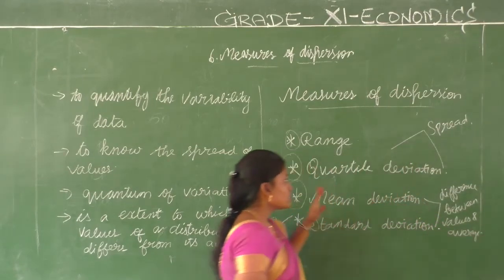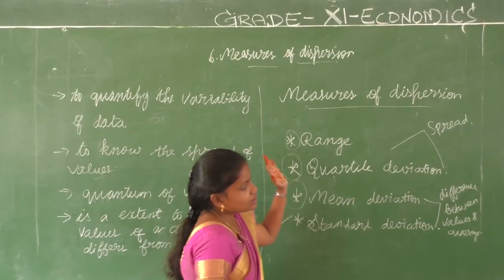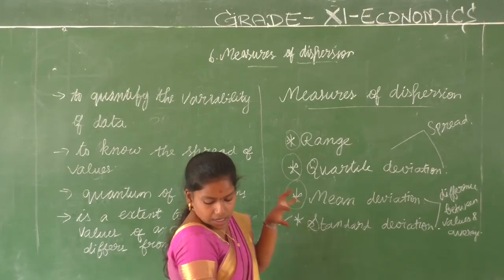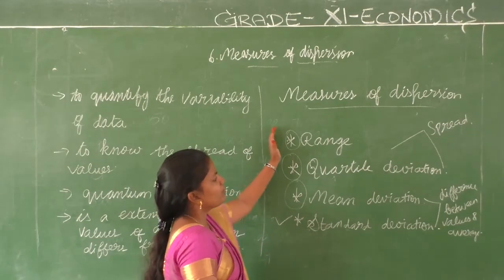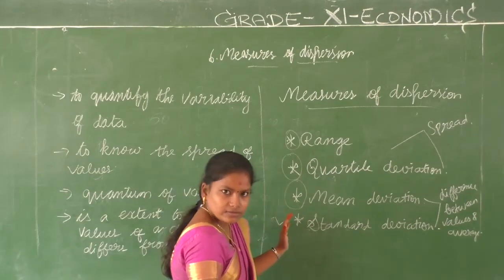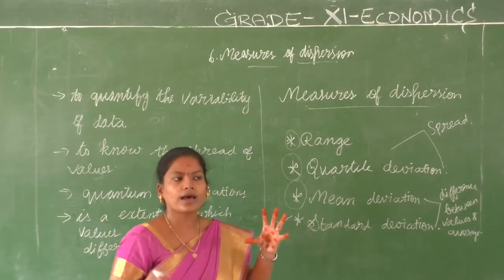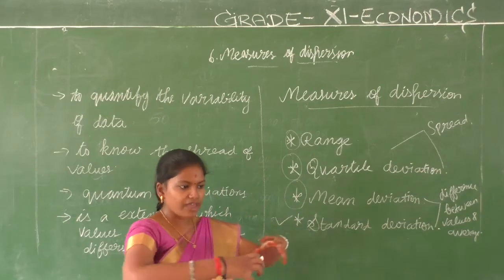Right children? So what is going to be the work of range and quartile deviation? They are going to find just the spread, where the values lie. Just like median. What did we see about quartile deviation? Quartiles means dividing the distribution of the observations into how many parts? Four equal parts. So where is it spread?